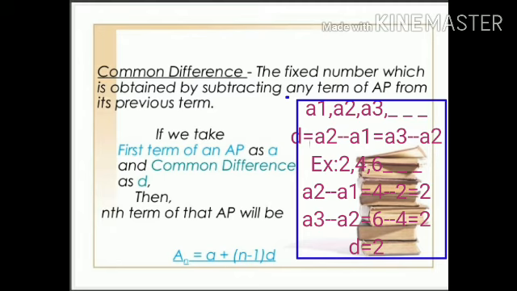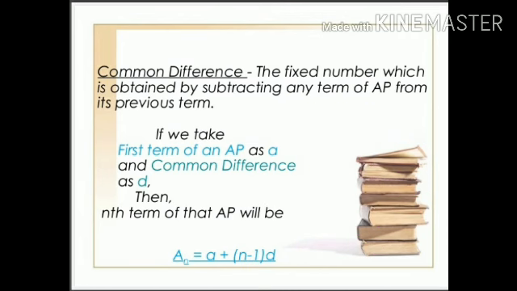Here we subtract 2 from 4, we get 2. Similarly, subtracting 4 from 6, we get 2. Dear students, both a2 minus a1 and a3 minus a2 are the same. That's why we conclude that the common difference of 2, 4, 6 is 2. Write it down like this: d equals 2.